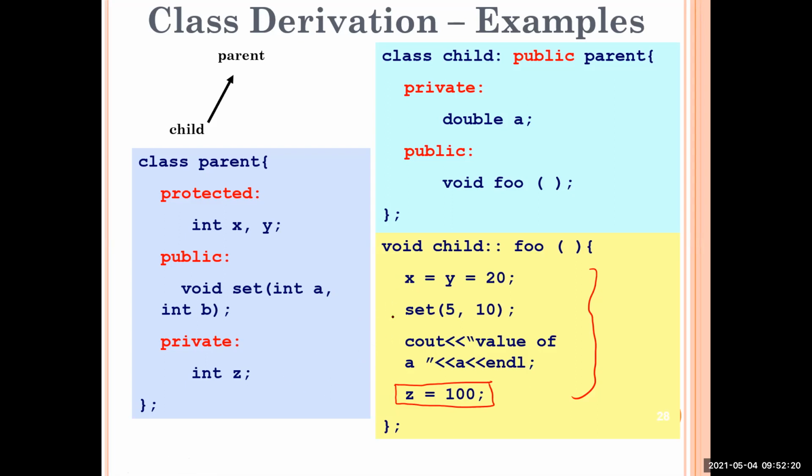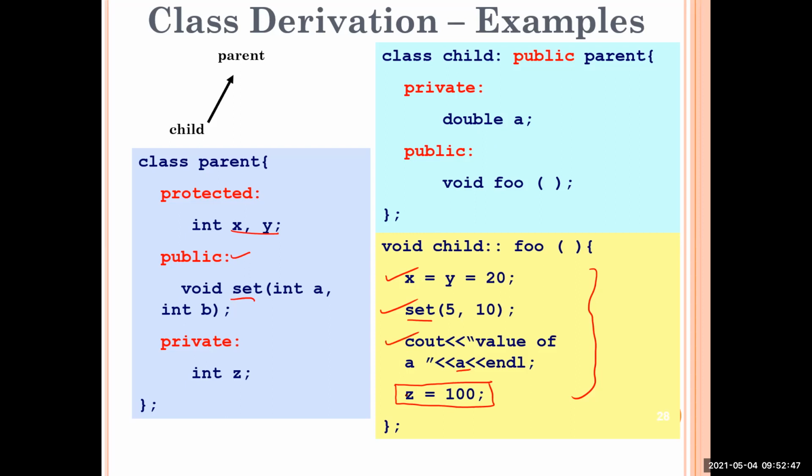Let's do it one by one. X and Y are protected data members of the parent, so they are okay. We just said that protected can be accessed. Here we are calling the set function of the parent. It was public, so that is also okay. Here we are accessing the data member A. A was a private data member, but of the same class, so from the same class we can access it.